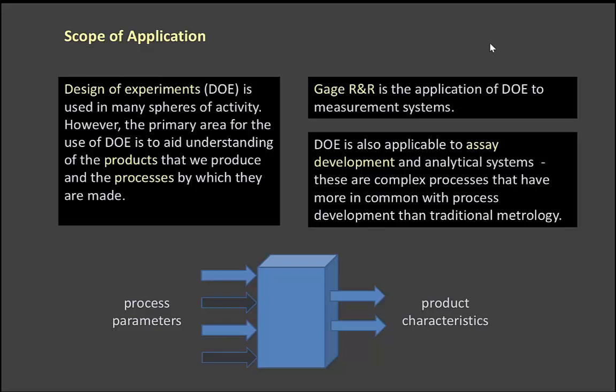We can also think in terms of more complex measurement systems, such as assay development and analytical systems. So these are complex processes, and the key word there is process. So the principles of applying design of experiments to processes are equally applicable when the process is an experiment, or a measurement system, such as an assay.